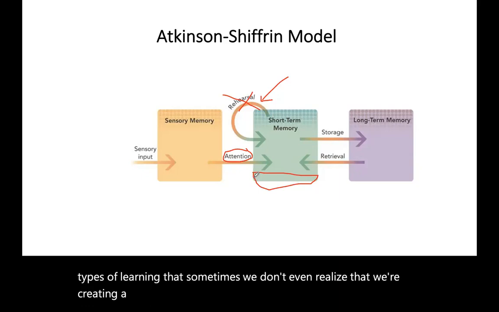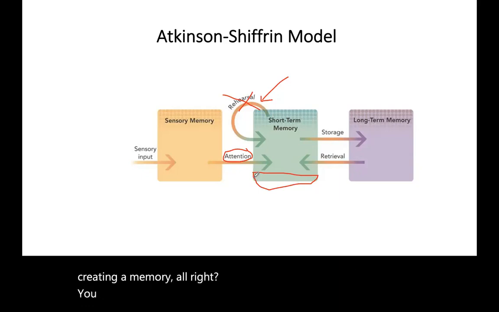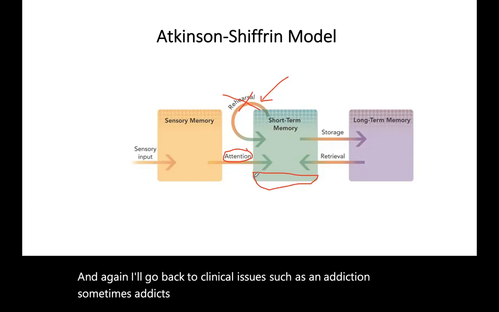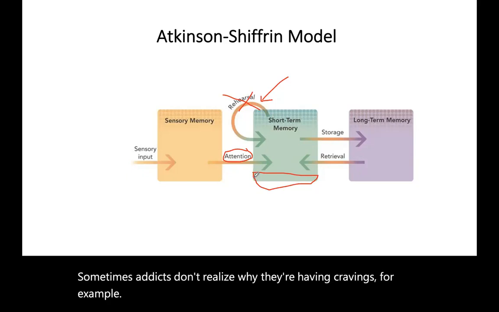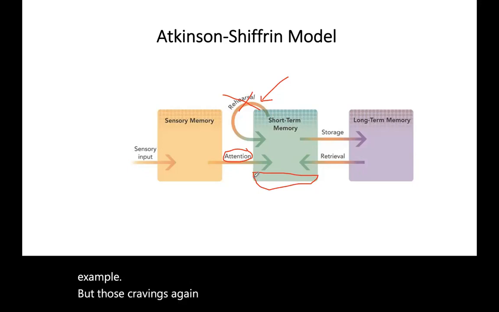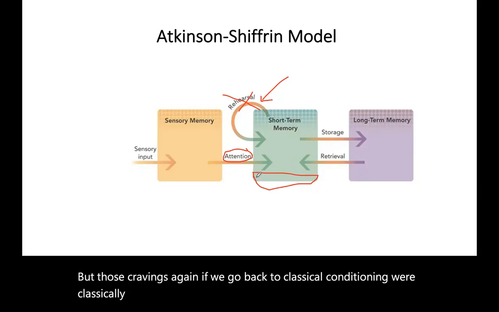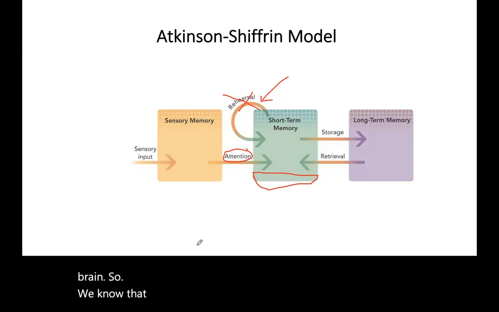Again, I'll go back to clinical issues such as addiction. Sometimes addicts don't realize why they're having cravings, for example. But those cravings, if we go back to classical conditioning, are classically conditioned in the unconscious limbic area of the brain. So we know that occurs. And then we have the storage and retrieval system with the long-term memory.